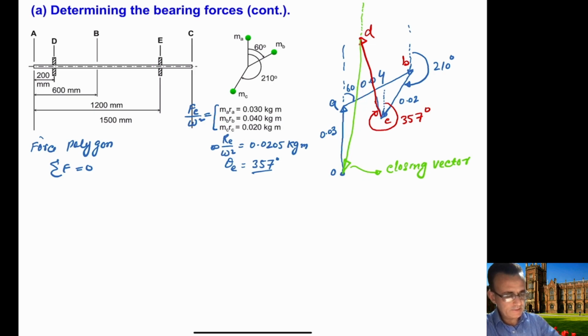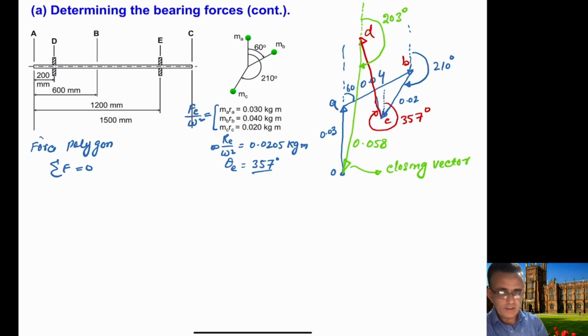The direction will be the angle here, which in this case is 203 degrees, if you calculate it properly. Because I didn't draw it according to scale, it may not be exact, but if you draw it using a proper scale, the angle will be 203. So this will be the closing vector, and if you measure the length, it will be 0.058.